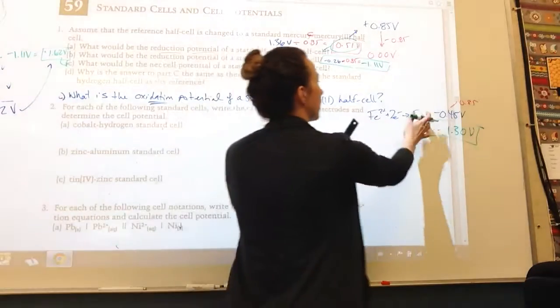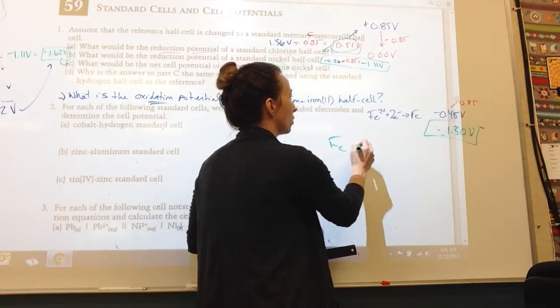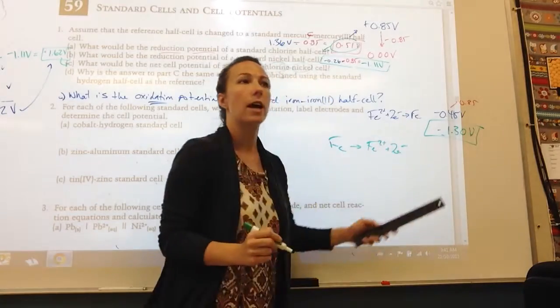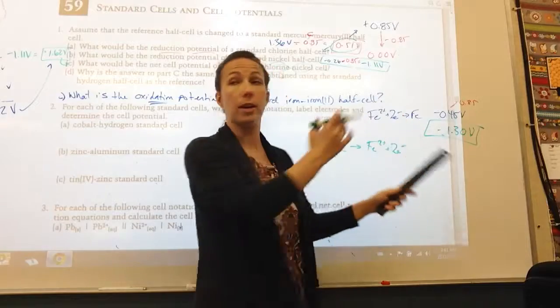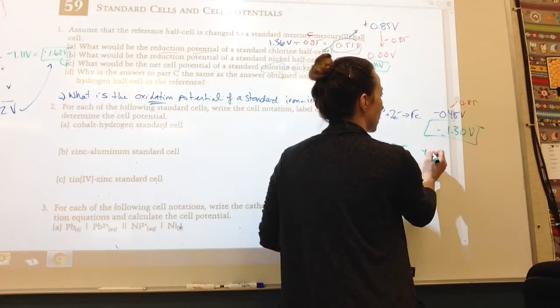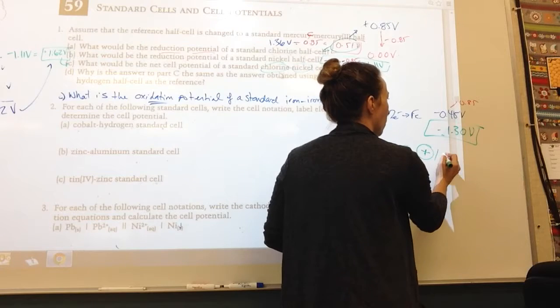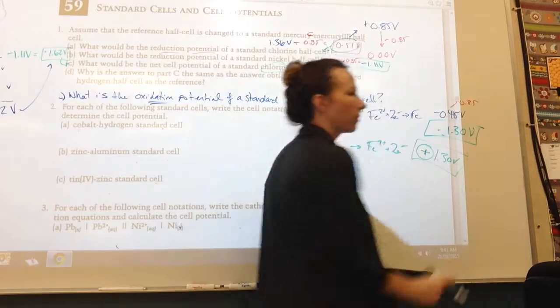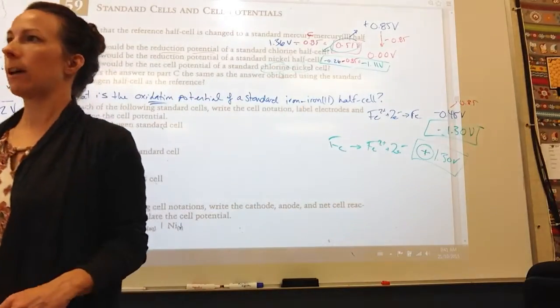So flipping this then becomes iron goes to iron 2 plus 2 electrons. And if I flip the reaction, I need to flip the sign. So the oxidation potential ends up actually being positive 1.3 volts. Did you get that? Yeah.